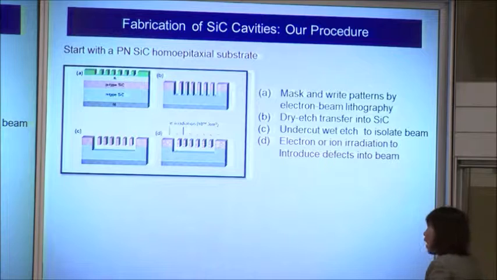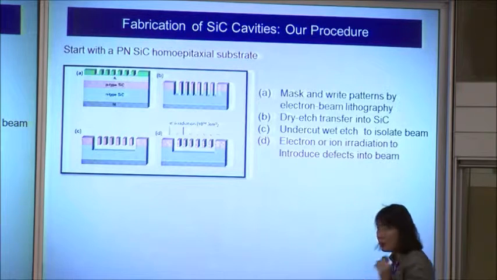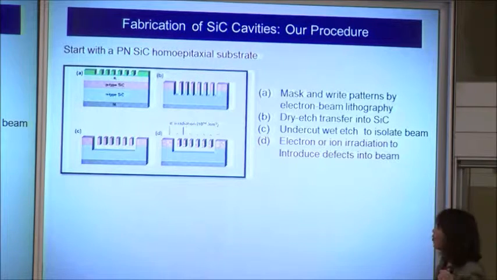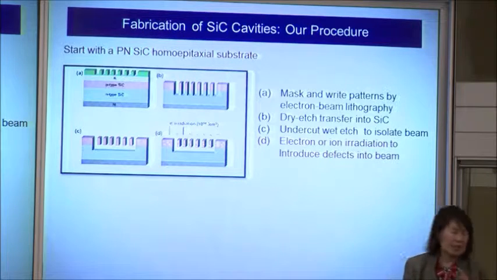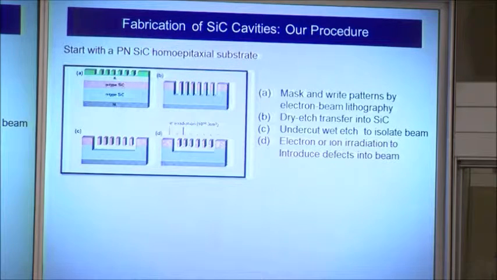So the way I show you is actually, there are nuances that I'm not going to talk about here. Why we chose a heterostructure. So we chose silicon carbide. We chose a PN structure, P-type silicon carbide, N-type silicon carbide. This is not a transistor. This is not a PN junction. That is not why we chose it.